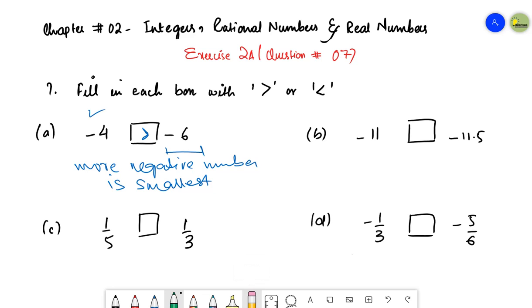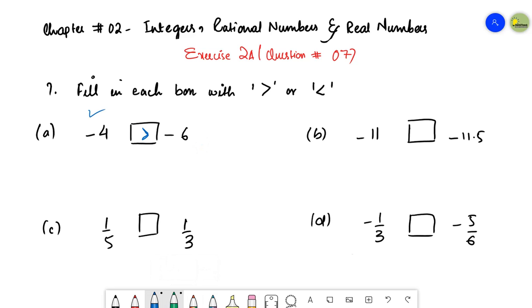Or I can say that if I talk about the number line, we know that in a number line the numbers are arranged in ascending order, right? So if we go back from 0, we have numbers like this: -1, -2, -3, -4, -5, -6. So you can easily see that -4 is plotted after -6.